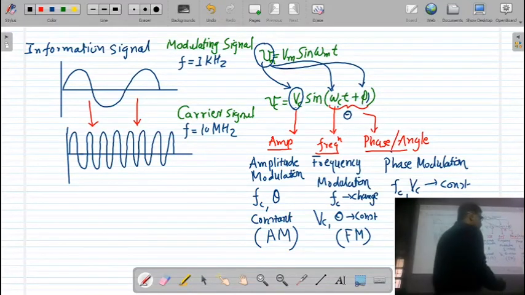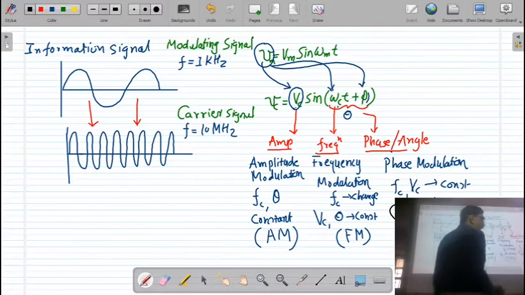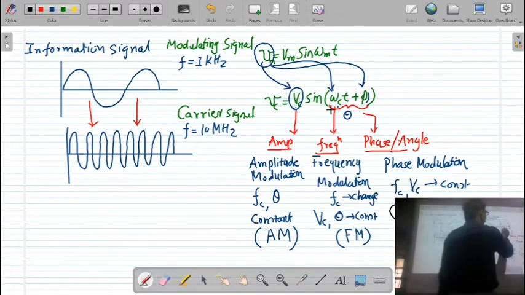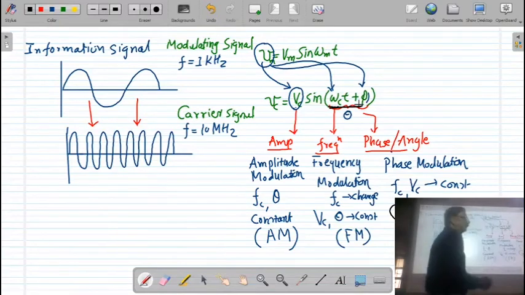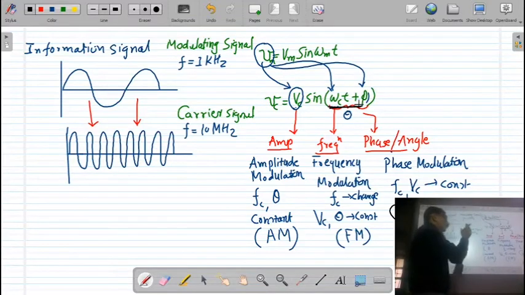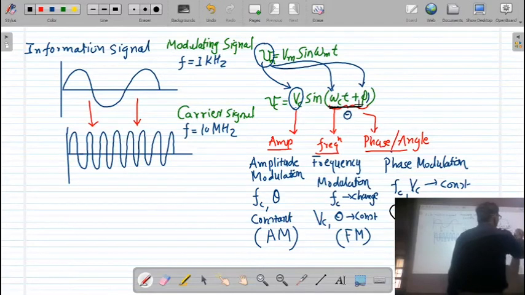But whenever the frequency or the phase is changed, ultimately the total phase of the carrier wave is going to change. So it is also known as angle modulation.